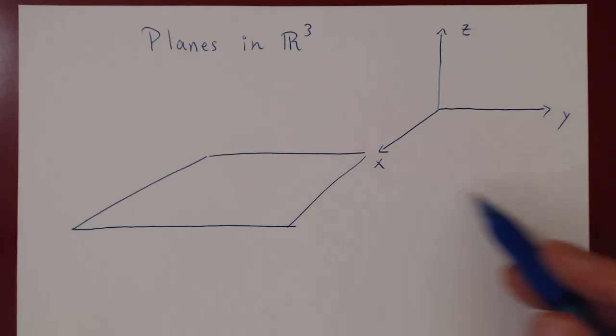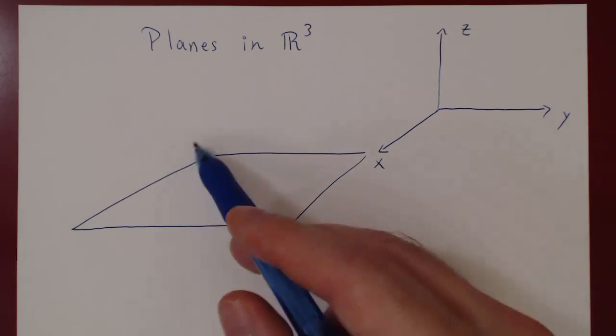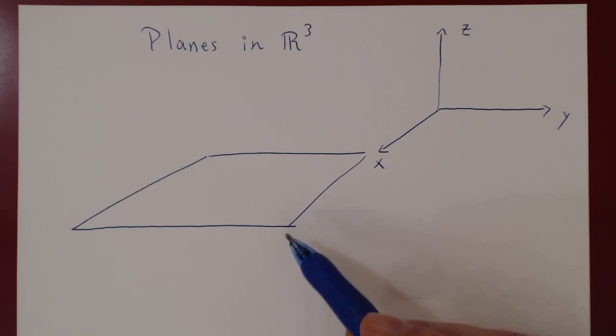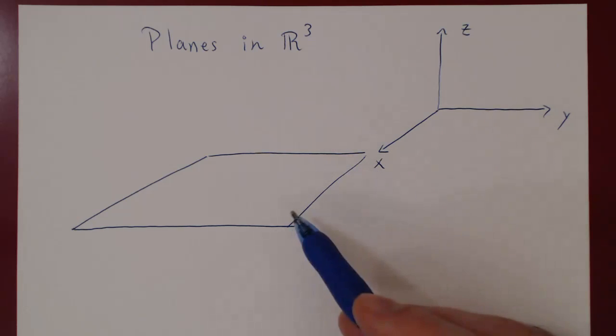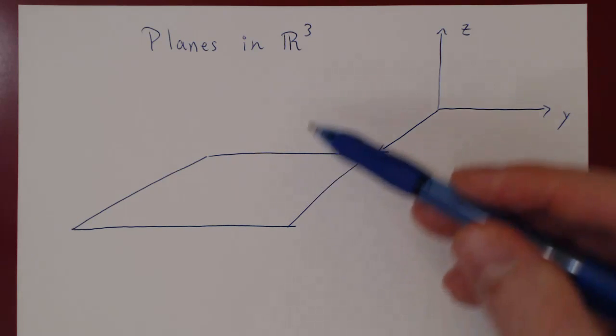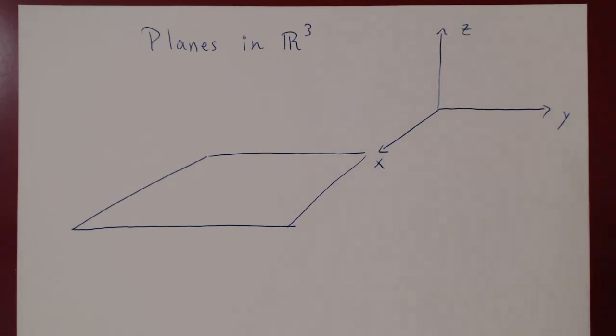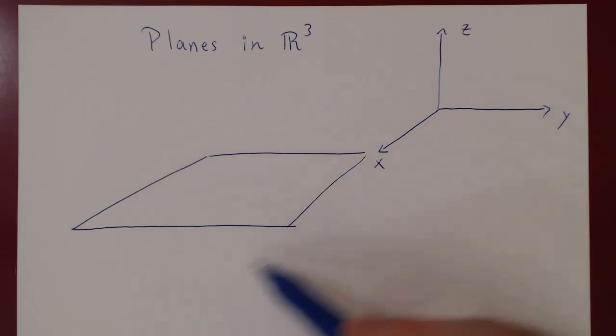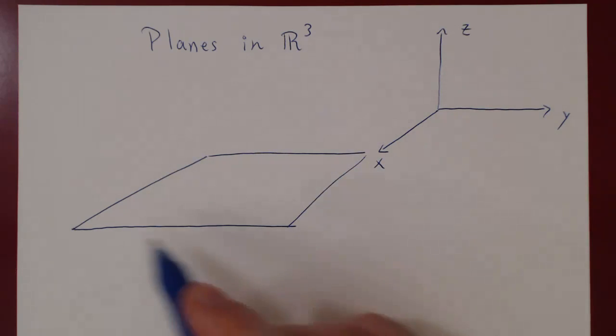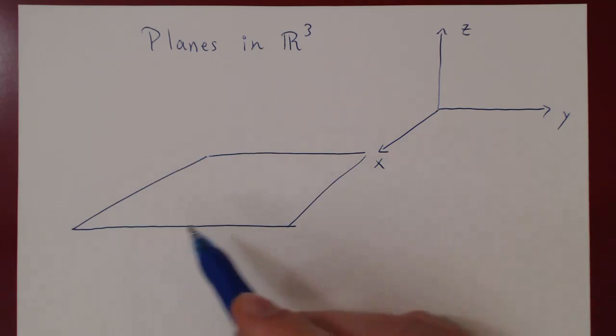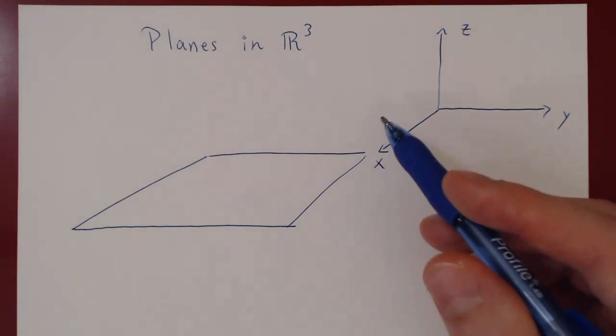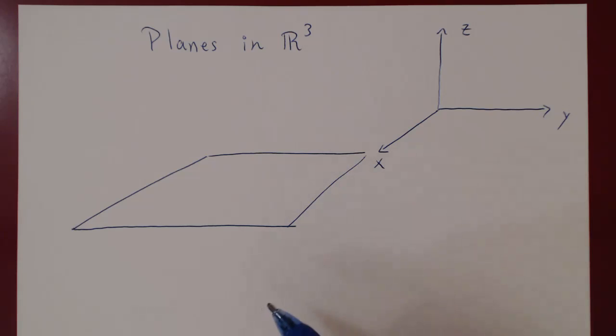So this edge would extend to infinity, same for this one, same for this one, same for this one. So there are no edges. The flat surface extends to infinity in all directions. And that is a plane, and I'm only drawing it here as if it were horizontal, but it could be at any given angle in the three-dimensional space.